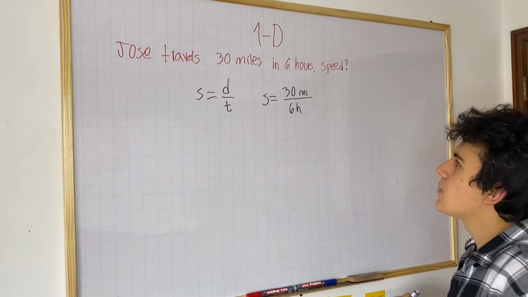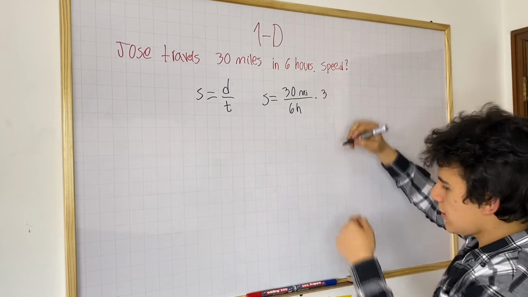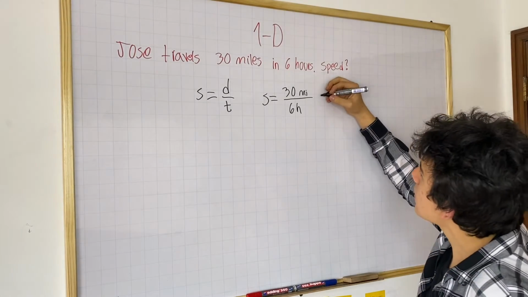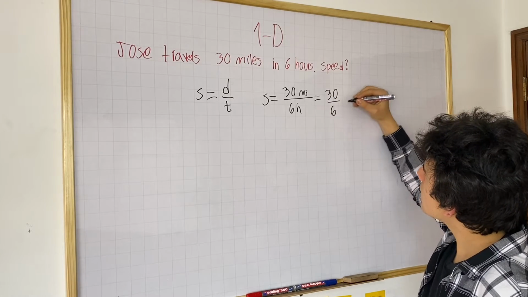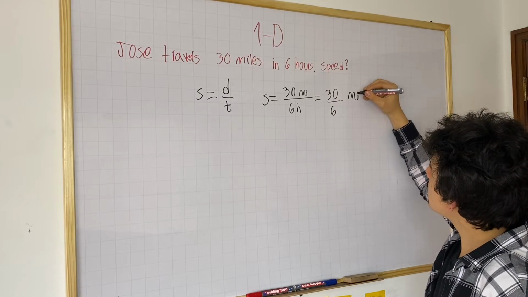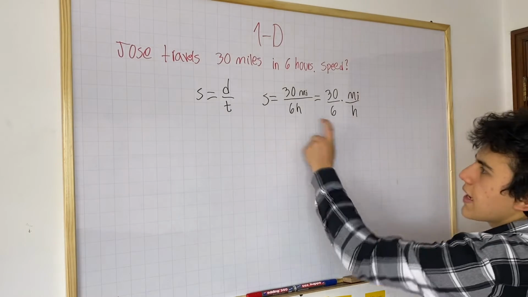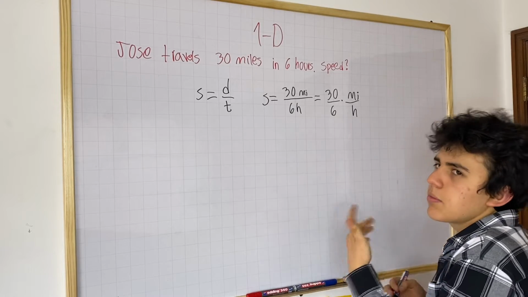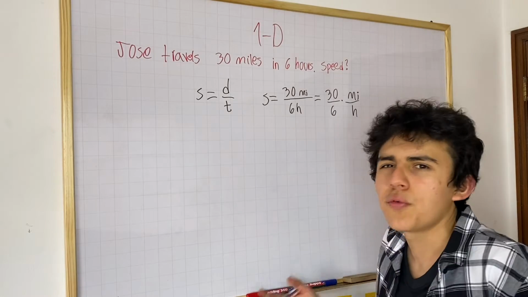Just so you see how the units interact with each other, this is the same as 30 over 6 times miles divided by hours. These are factors, the coefficients, like in algebra where you have x and y with coefficients.